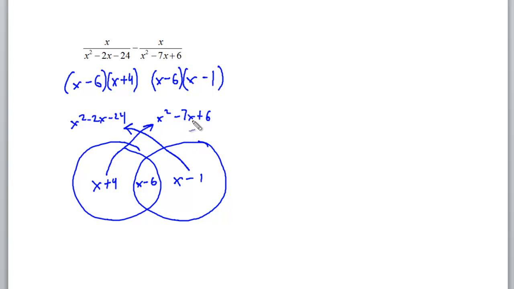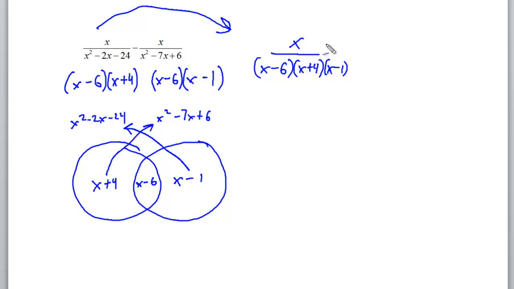So here we go. This is my problem rewritten. I'm going to take my left side, (x minus 6)(x plus 4), and multiply it by x minus 1. X minus 1 is up there. So this makes my numerator x squared minus x. Now I'm going to take my subtraction, make it plus negative x.